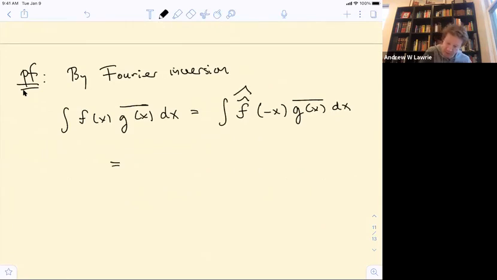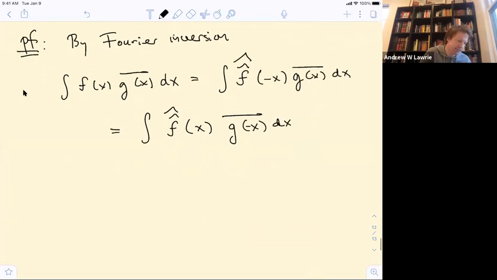Okay, and then I can just move the hat over. Or rather, let me change variables first. This is the integral of f hat hat of x, g of minus x bar dx.